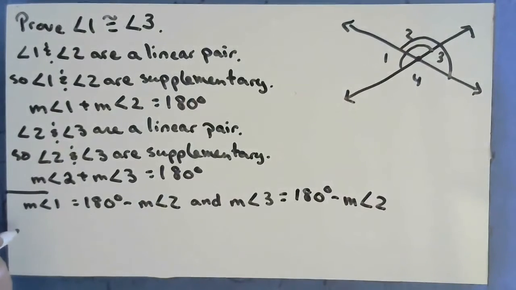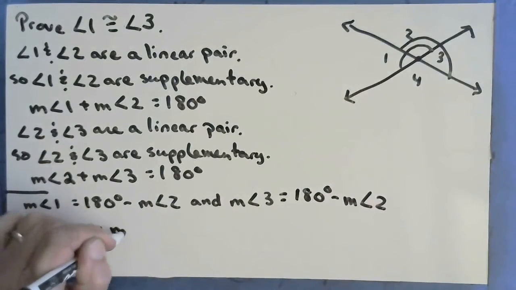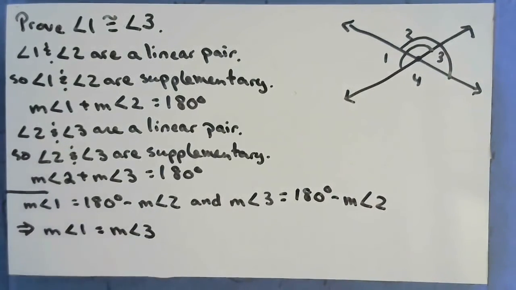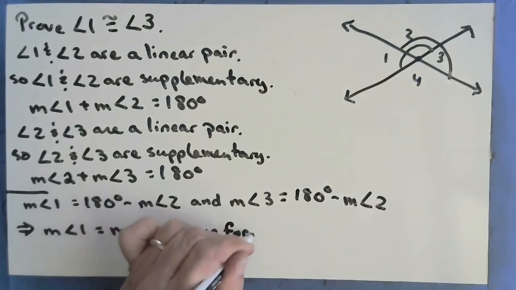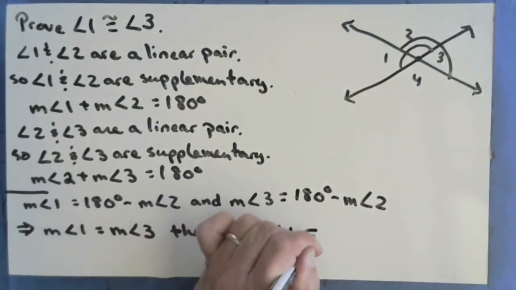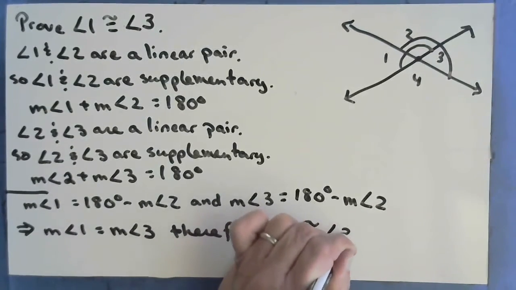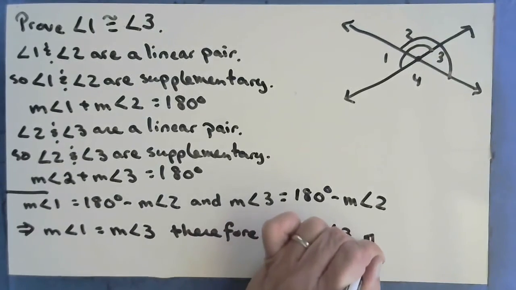So that tells us, that's the implies symbol, that the measure of angle 1 is equal to the measure of angle 3. And by the definition of congruence, we say, therefore, angle 1 is congruent to angle 3, end of proof.